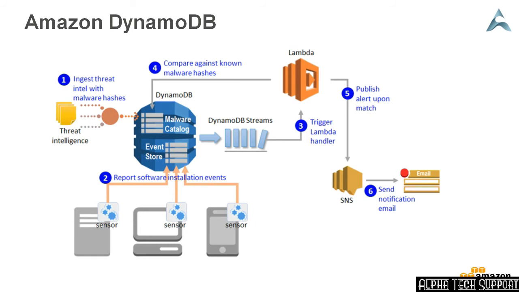Then Lambda compares the new hash against known malware hashes, and upon a match it publishes an alert using SNS and sends notifications by email, mobile, or web app, any kind of notification, to the assigned responsible authorities.